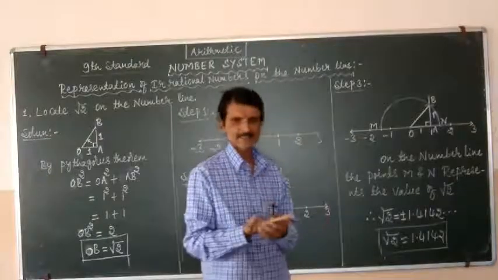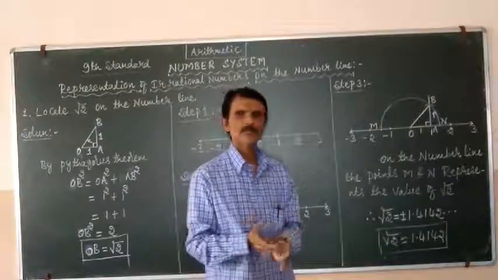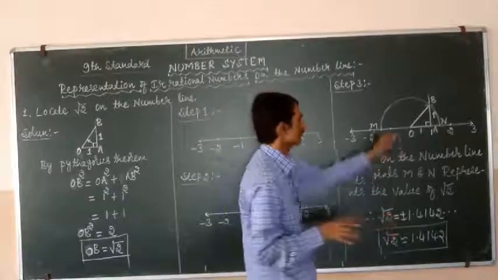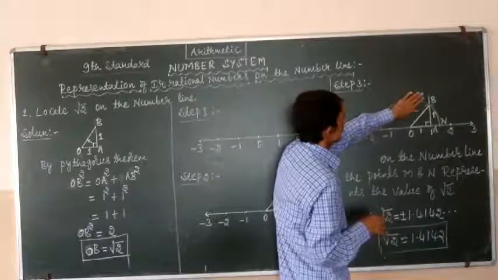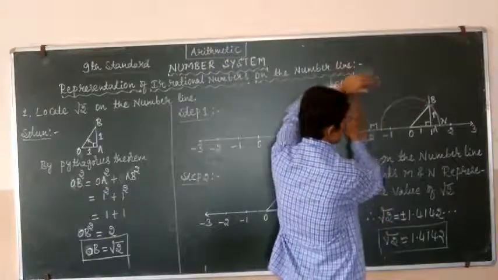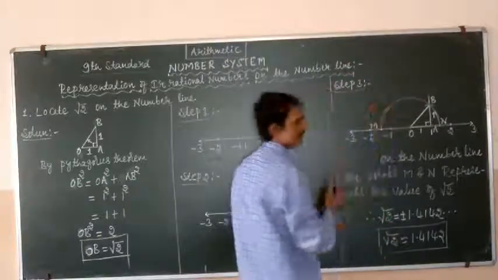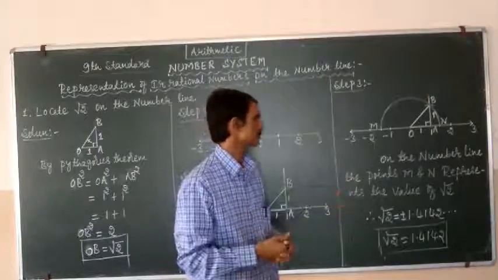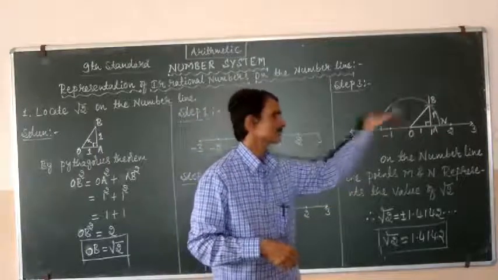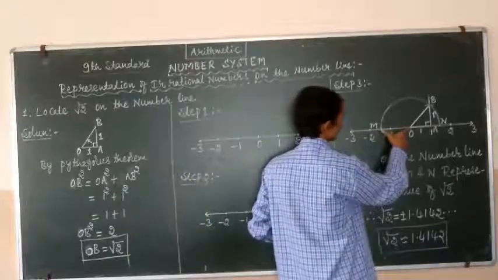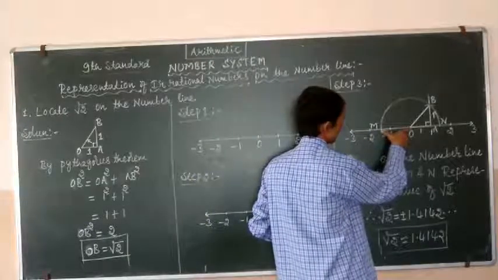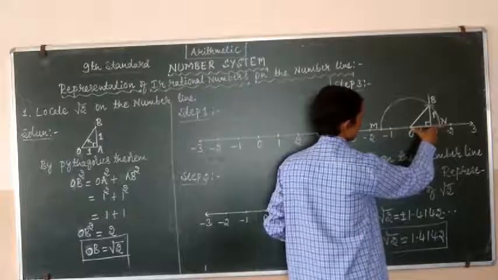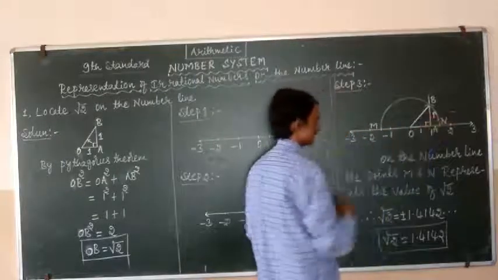In this chapter, we have only positive values of irrational numbers. Therefore, you can delete this left side part, or you can practice both. It will help to know the negative and positive values, because the value is the same on the left side and the right side.